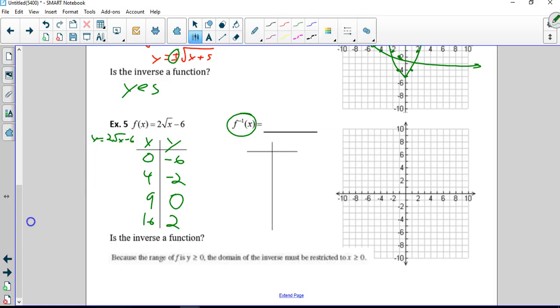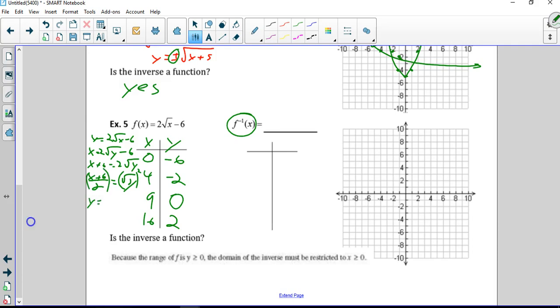Grab the switch. X equals 2 root y minus 6. Move the 6 over. X plus 6 equals 2 root y. Divide by 2 equals root y. And we square both sides.